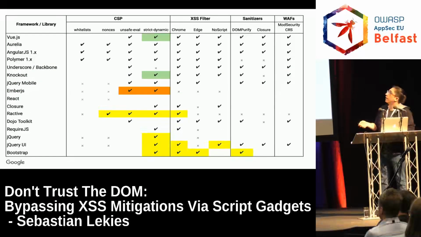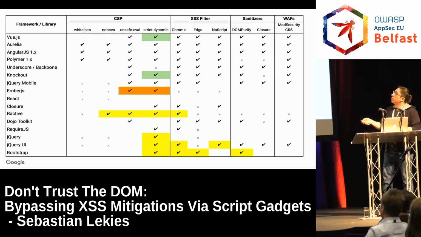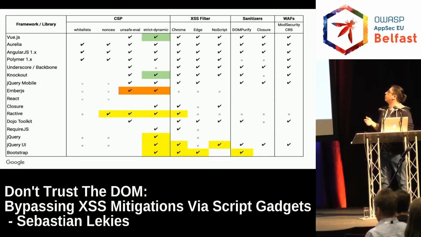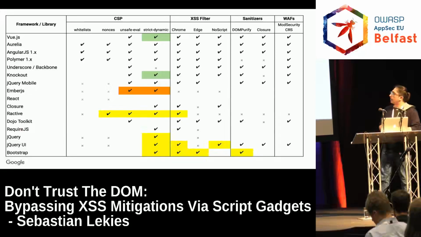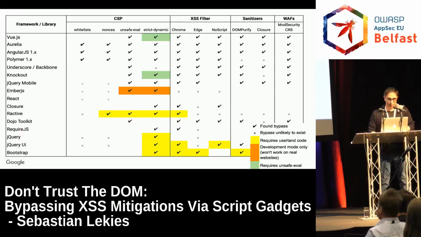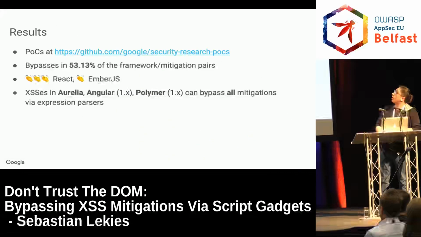This is the whole table. So you can see which framework and which mitigation we were effectively able to bypass and which were sort of immune to that problem. You can take screenshots of that or take photos, but we are also open sourcing this whole research, so there's not much point in talking about this table more.